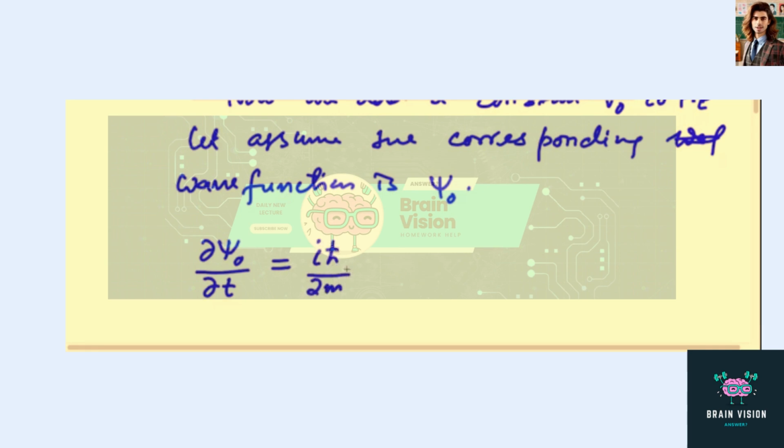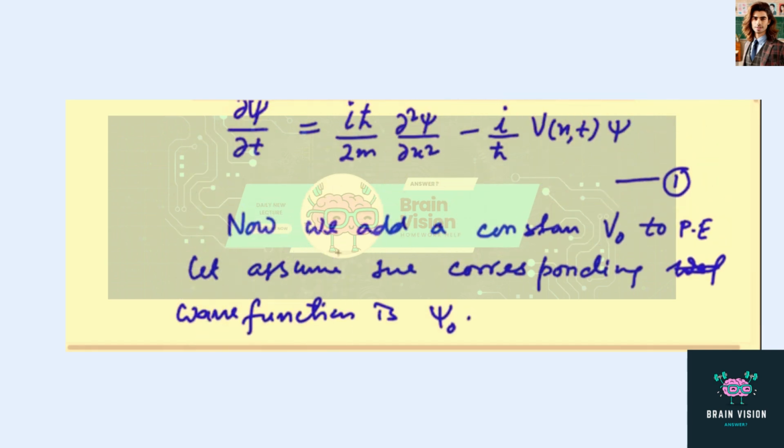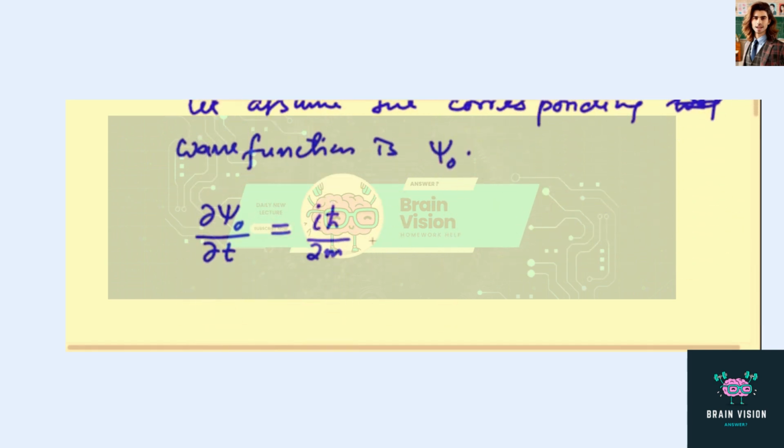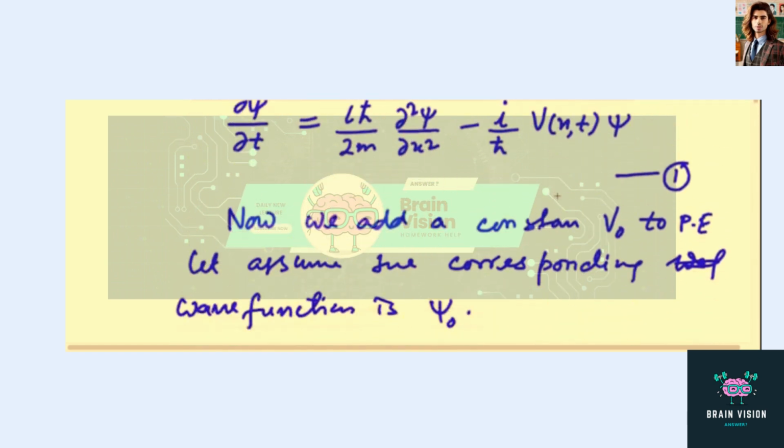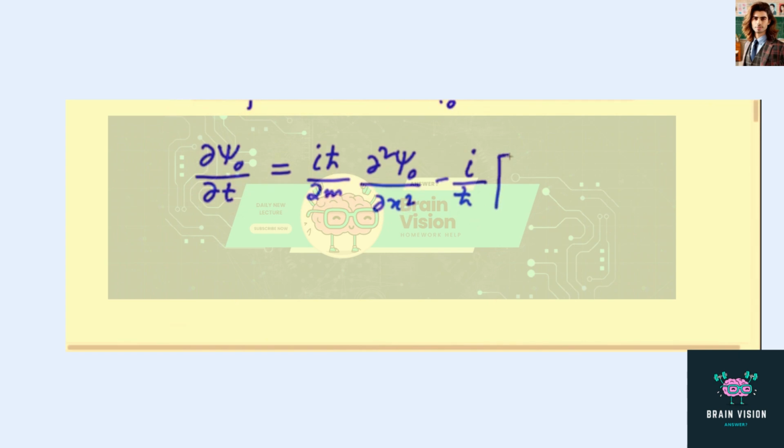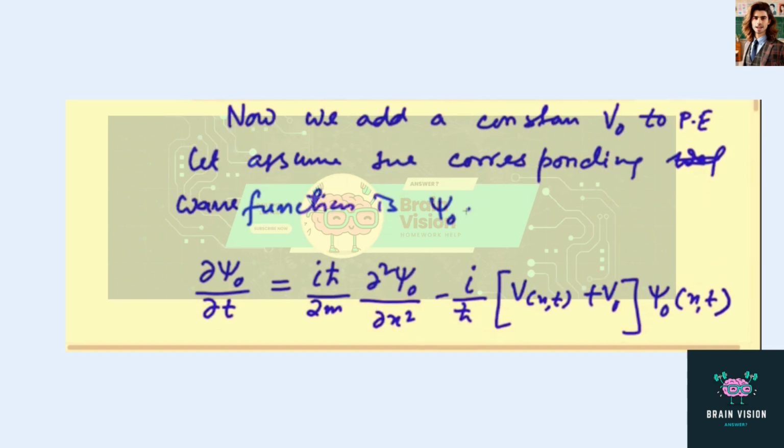Here there will be no change in the kinetic energy because we don't add anything to the kinetic energy, that is del 2 psi naught by del x square, minus i by h bar. Now this V(x,t) is replaced by V(x,t) plus V naught, and the corresponding wave function is psi naught(x,t).